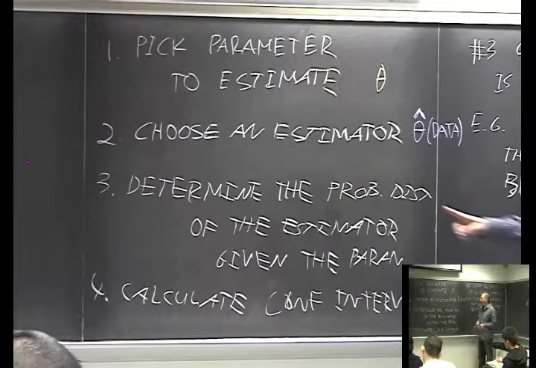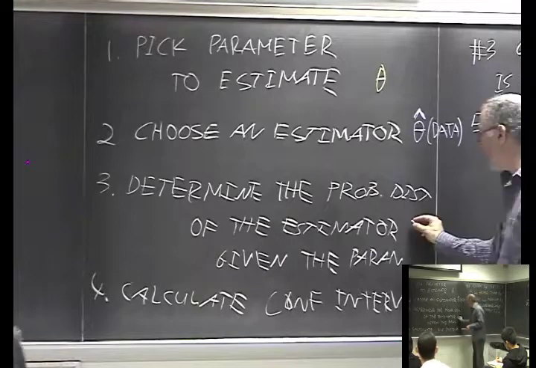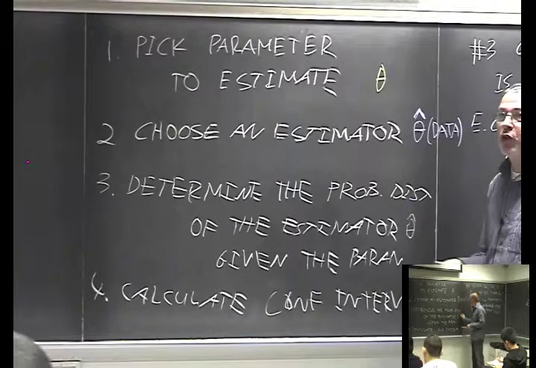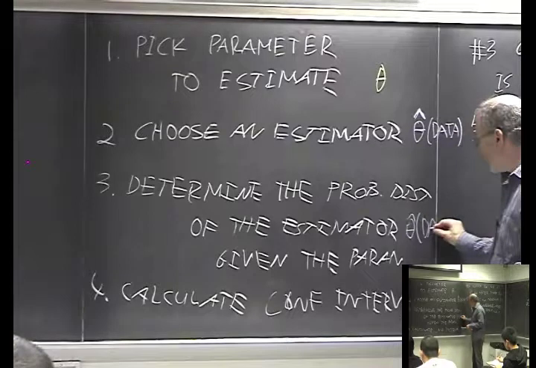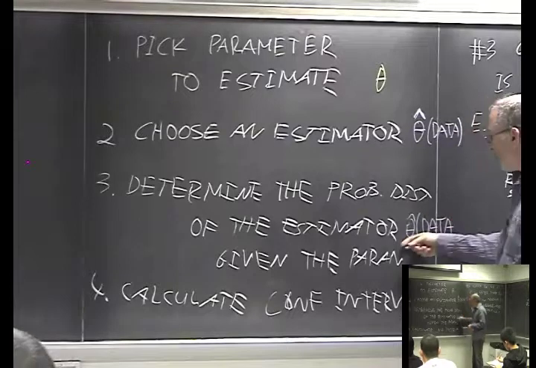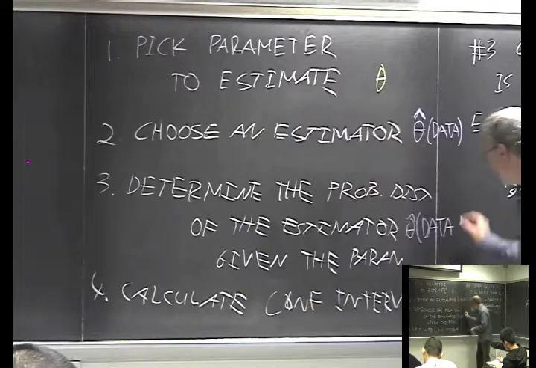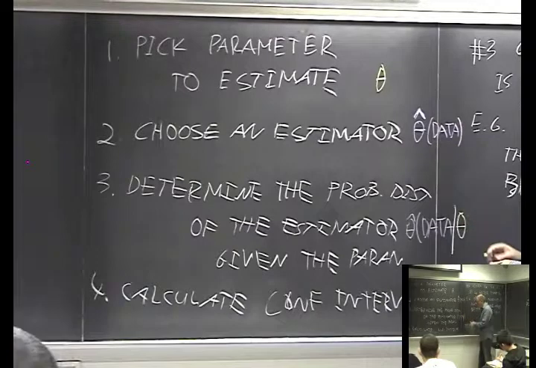Step 3 is to determine the probability distribution of the estimator. The estimator is theta hat. Because it depends on the data, it has a distribution. It's the distribution of the estimator given the true value of the parameter.